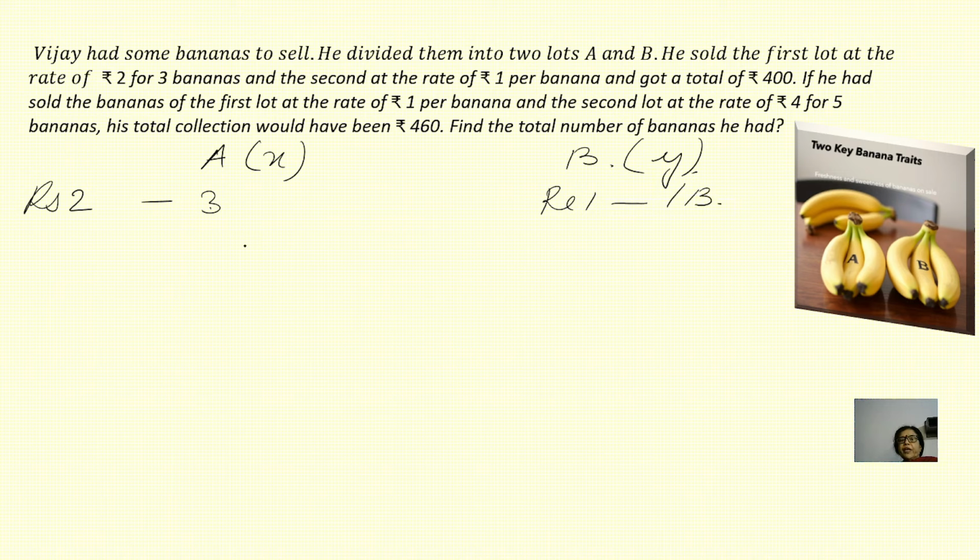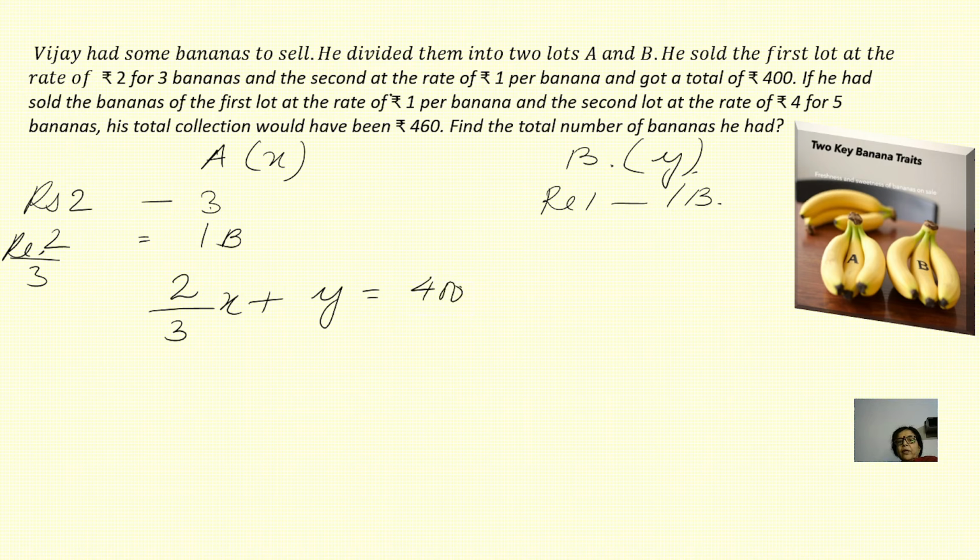So if we have to frame the equation, if we're selling 3 bananas for rupees 2, 1 banana will be equal to 2/3 of a rupee. So if he's selling X bananas at this rate, and Y bananas at 1 rupee, we get the first equation: 2/3 X plus Y is equal to 400.